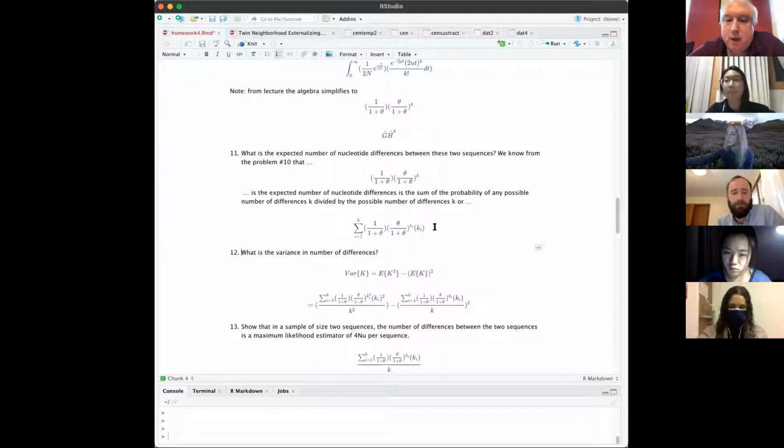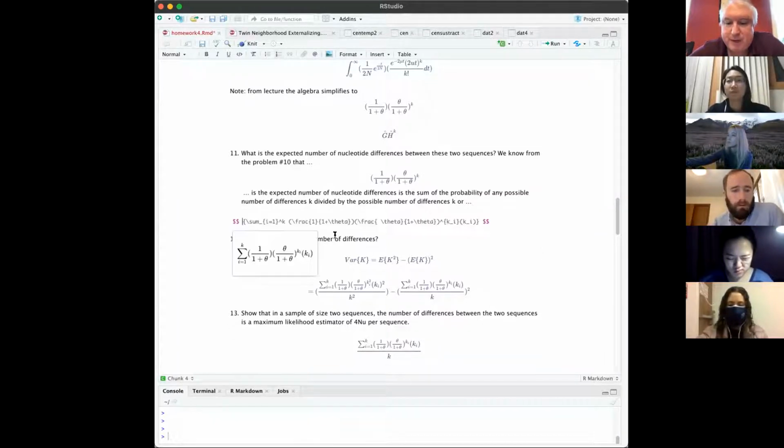And the values of k that are legal are every value between 0 and infinity. So this sum, I would simply make i equals 0 to infinity of theta over 1 plus theta to the i times i. So I would write that as this thing raised to the i power, and have i go from 0 to infinity rather than over the finite sum.